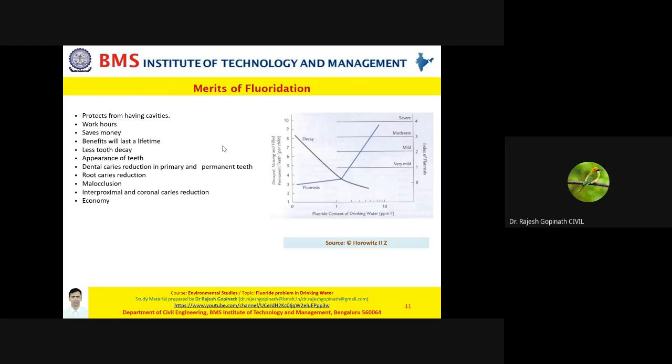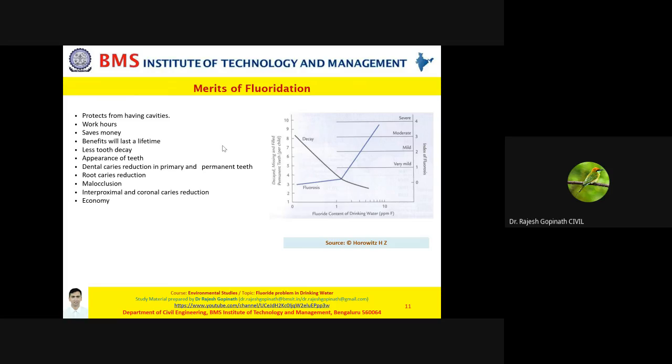These are benefits which are not only health wise but also economical, and they last a lifetime. And yes, aesthetically, you have a good appearance of the tooth. Please understand, friends, wherever fluoridation had happened, the chances of dental caries was found to be very less. That is the information that you can see on the chart in front of you.